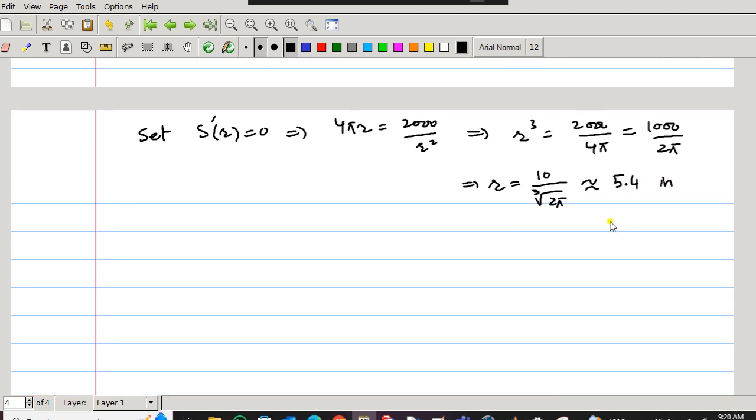This is the only critical point. When you have only one critical point, we can just check the second derivative.